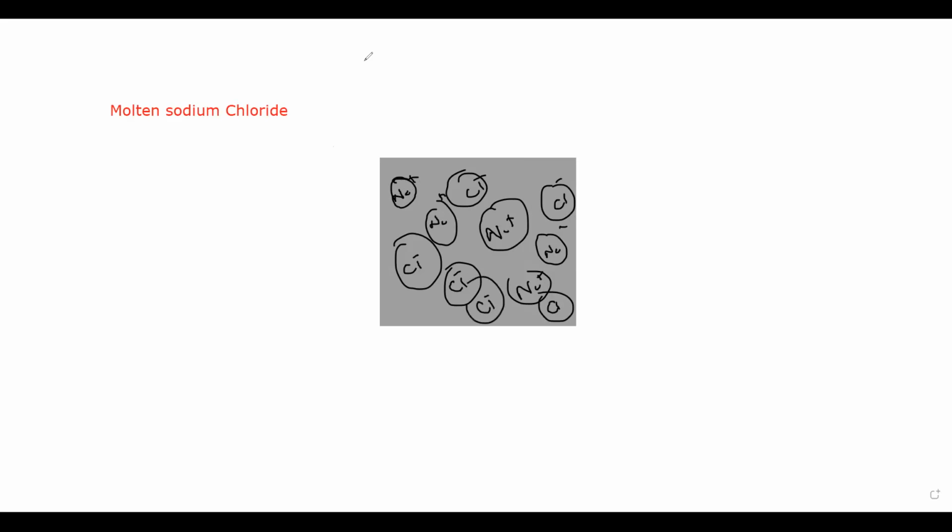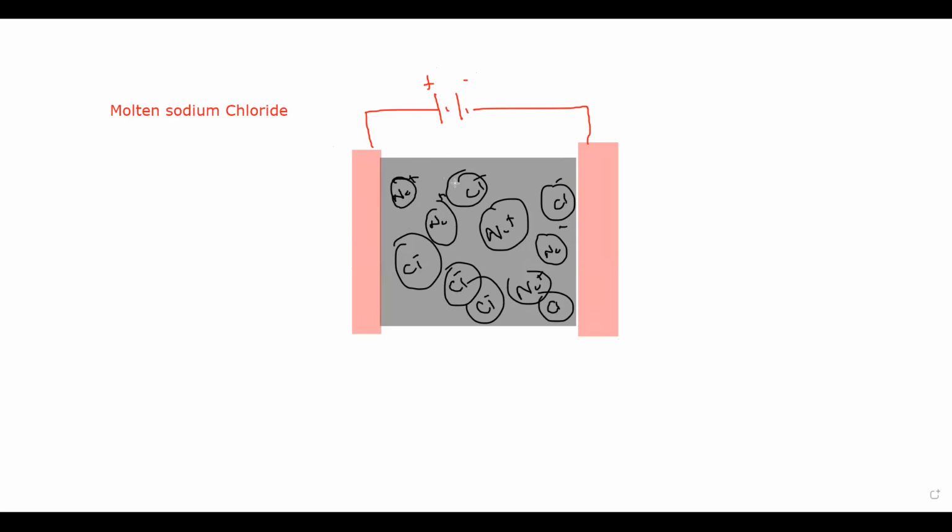So the moment you pass the current, that time you're separating the ions. For example, if I connect the electrode positive and negative, the moment I connect this electrode positive, which ion will it attract, chloride or sodium?